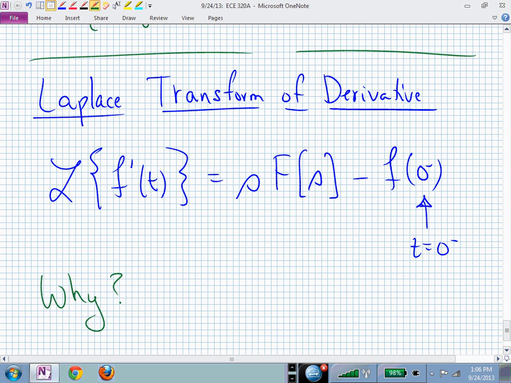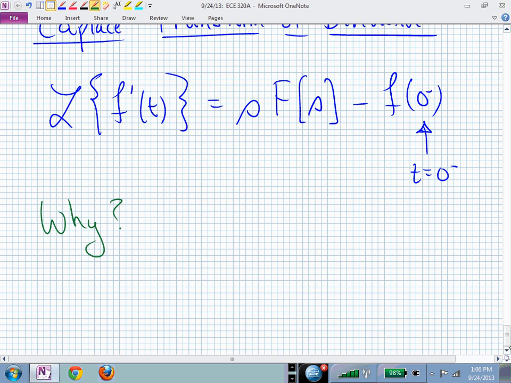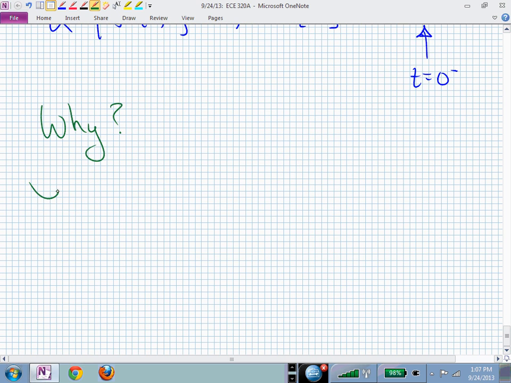Why is the Laplace transform of a derivative equal to this expression in the frequency domain? Let's just derive that, since we're into explaining very carefully and thoroughly all of these concepts and ideas to whomever and whoever asks, right?